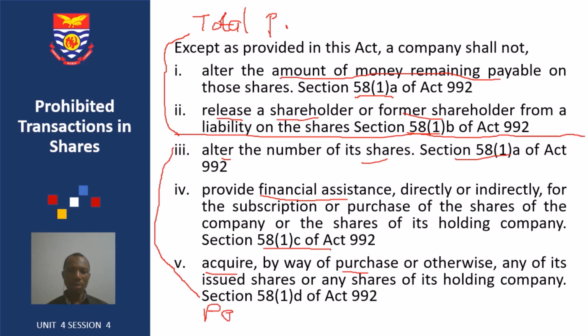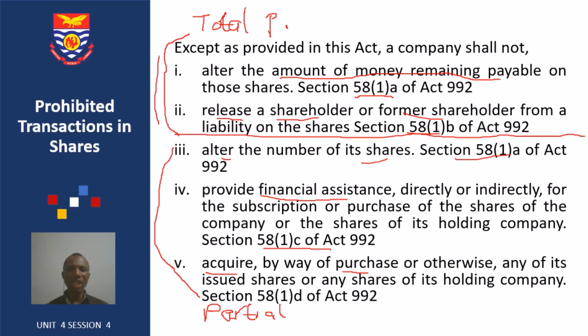Even though they are prohibited, if they want to do so, they have to conform to certain provisions. Now you go ahead to look at how these partial prohibitions can be dealt with in accordance with the law. But as I said, the first two are total prohibitions.